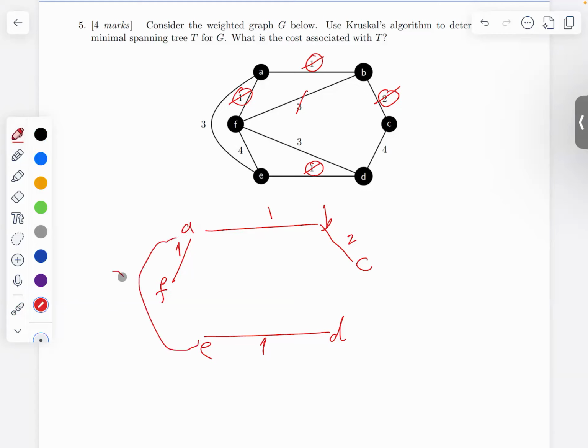As well as three. But actually you can get this one as well, and draw this one as well. But we don't choose both of them. We will choose one of them.